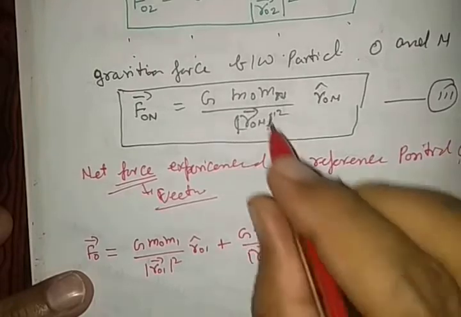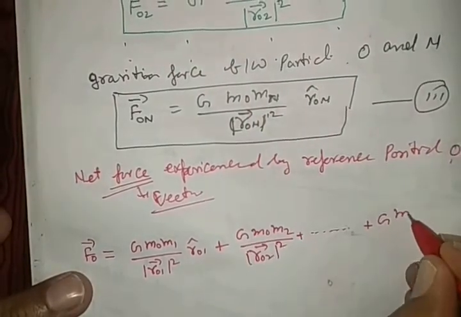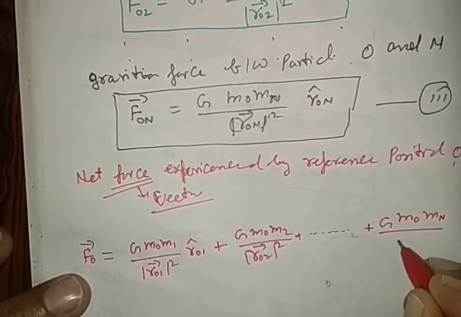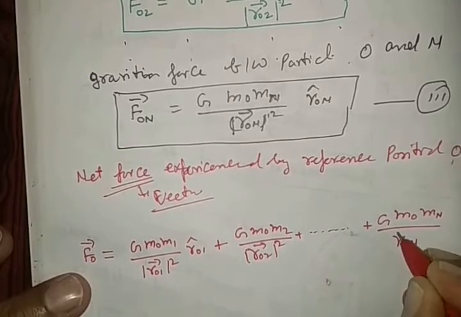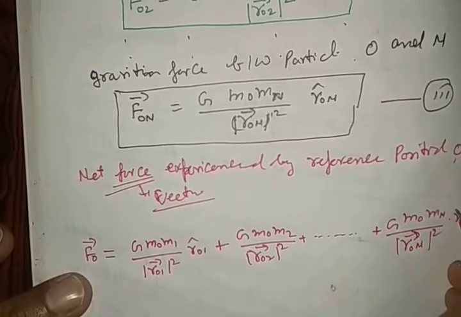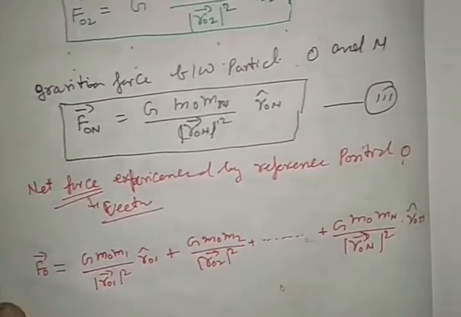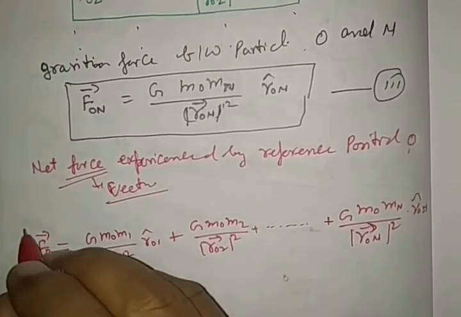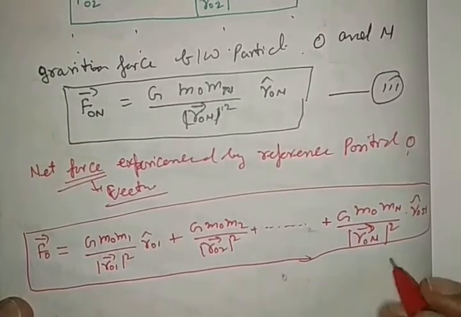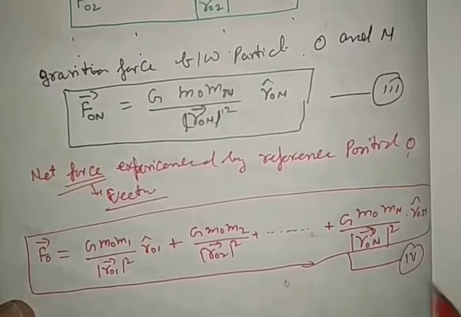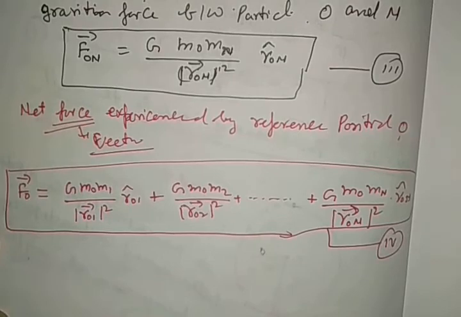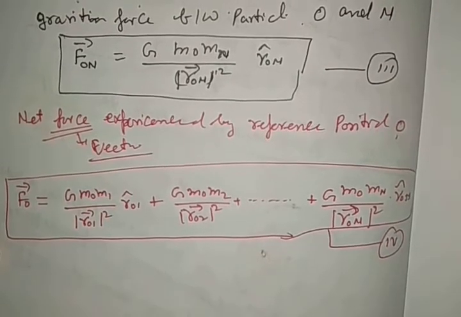What is the nth particle? G m0 mn by r0n vector mod of whole square into unit vector along this. This is called the vector sum of all these forces, and it is represented by equation number 4.